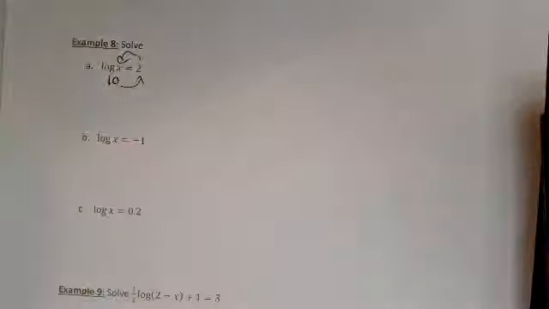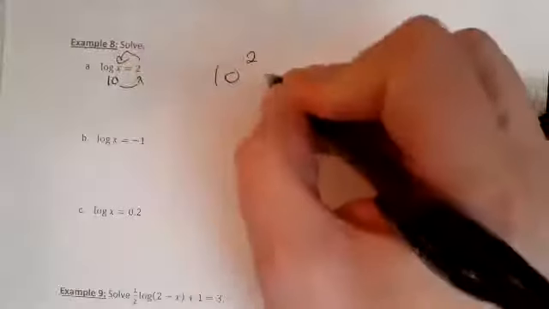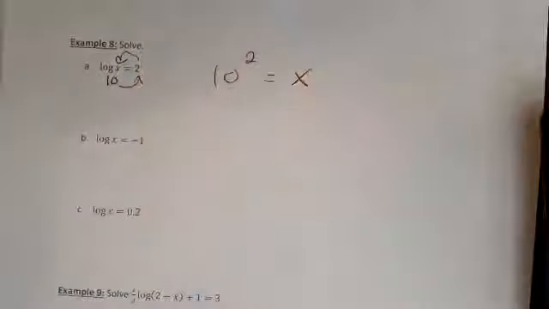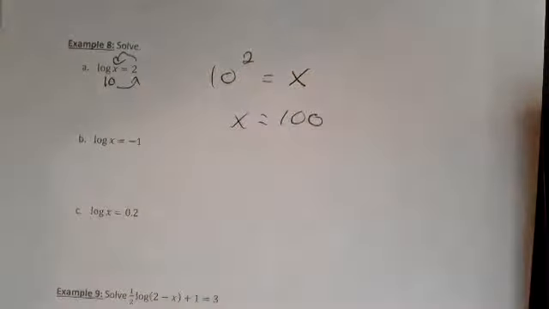Log base 10 of x equals 2 means 10 squared is going to be equal to x. So if I want to know what x is, it's 10 squared. Another way to say that is x is 100.